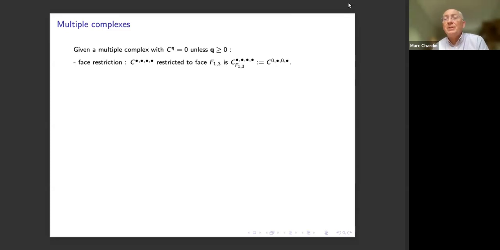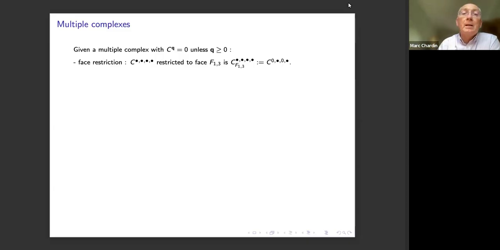You take the complex but restrict to the face corresponding to some indices being 0. For instance, if you have a four-tuple complex, F_13 is obtained by looking at the part where the first and third coordinates are 0. This will give you a double complex.